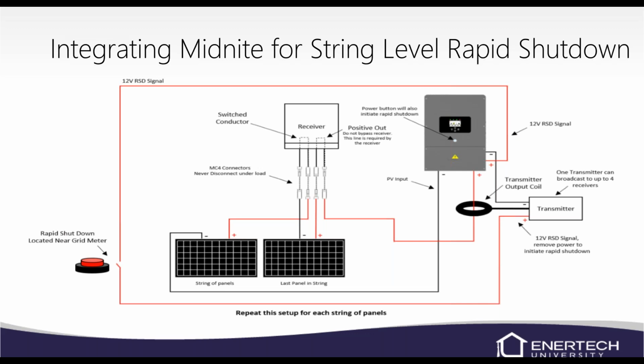Integrating module level or string level rapid shutdown. Make sure that the rapid shutdown is located near the grid meter. Rapid shutdown is for emergency purposes, basically a disconnect to shut everything down. So if there's a fire or something like that, the fire department can come and cut it off pretty quickly.